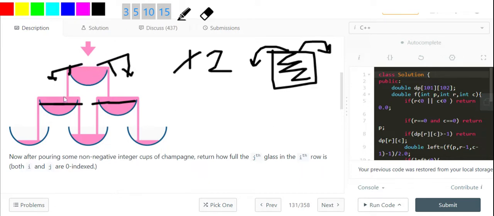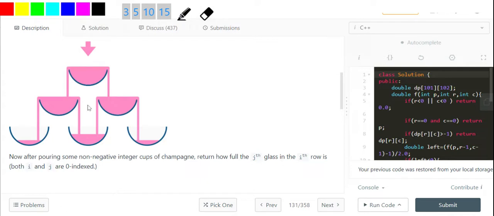And when I pour champagne again, from both the sides, half of this liquid will fall and half of this liquid will fall again. Now it will become full, right? So how much champagne do I need to fill this one right here? I only need one. But in order to make this also full, I will have to pour another so that it overflows from both the sides.